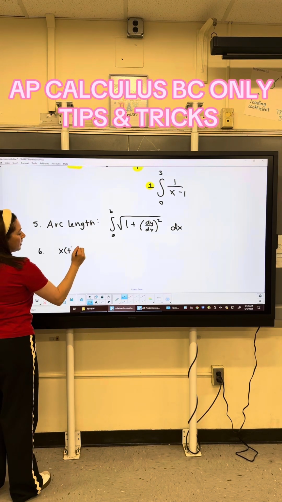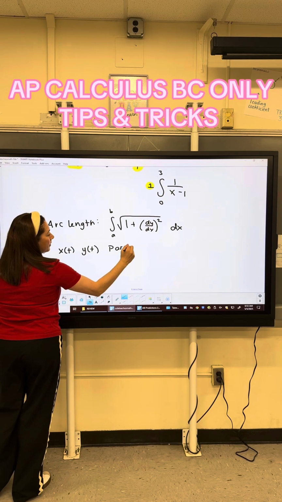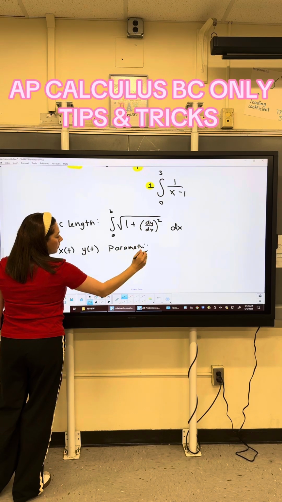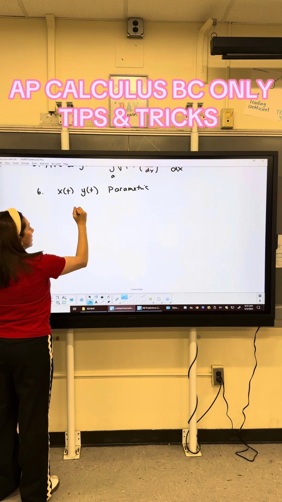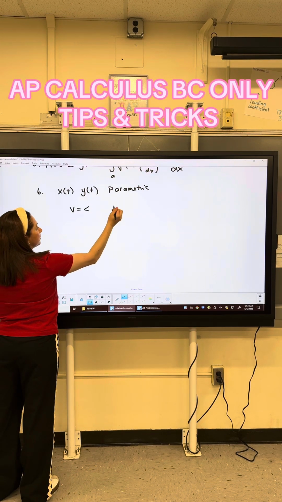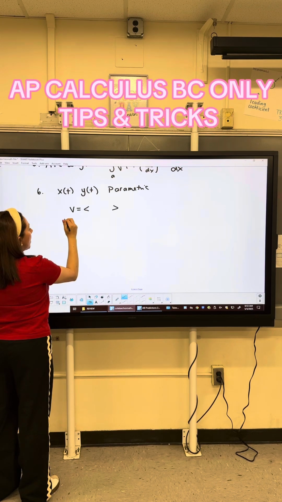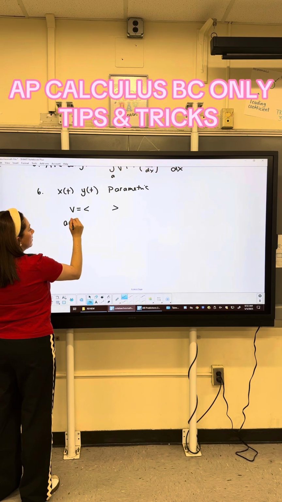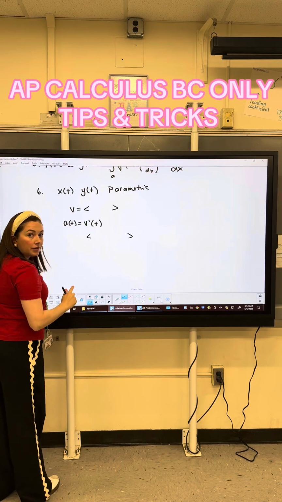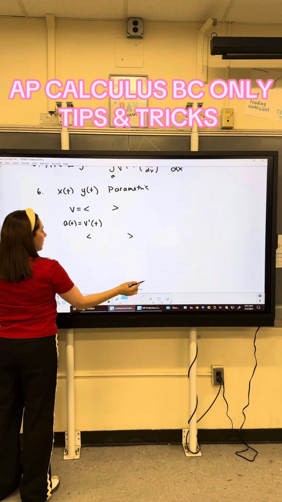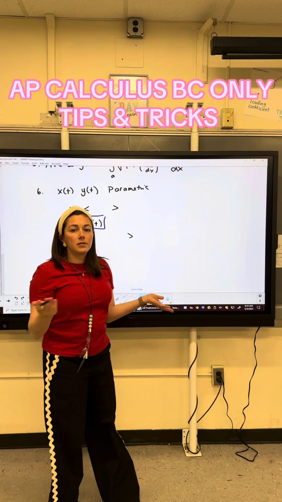You have x of t, y of t, so this is all parametric. What do you need to know from this? This is really important. If they give you the velocity vector and they want the acceleration vector, get into the habit of saying acceleration is the first derivative of velocity and then give the vector. You always want to state that you know acceleration is a derivative of velocity or velocity is a derivative of position.